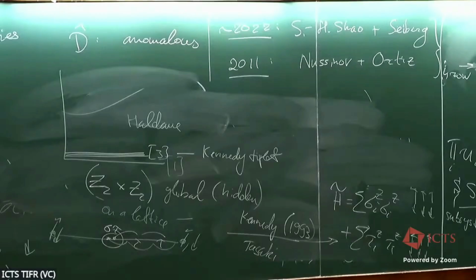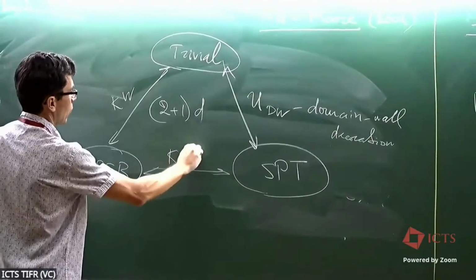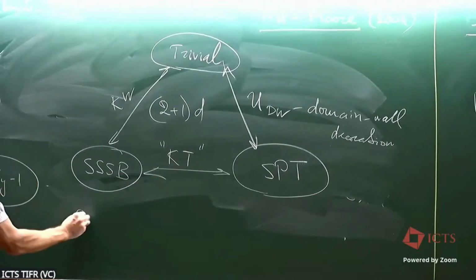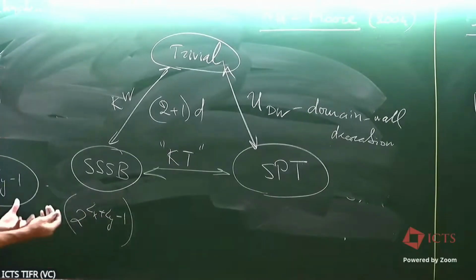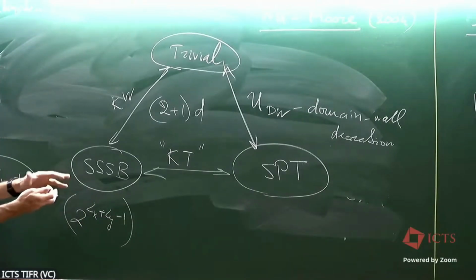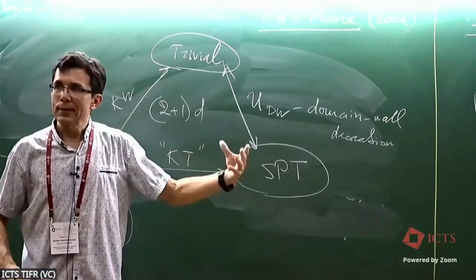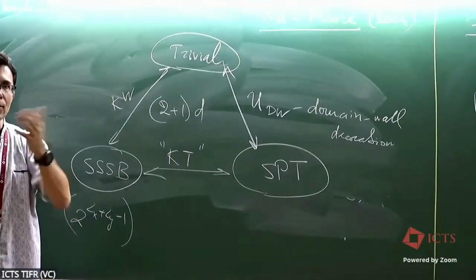For this 2+1-dimensional system, we've shown that there is an equivalent of a Kennedy-Tasaki-like transformation that takes this 2 to the power Lx plus Ly minus 1 degeneracy, which is an explicit degeneracy, and maps it onto an SPT. And this SPT has the exact same number of degenerate strong edge modes.